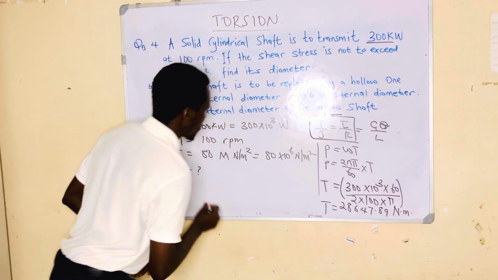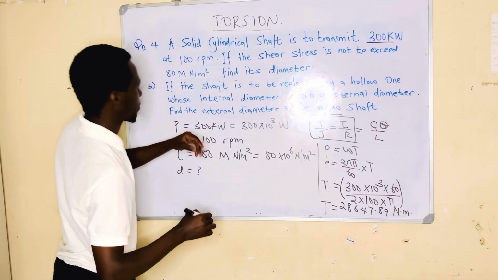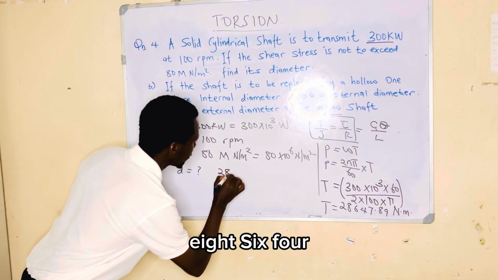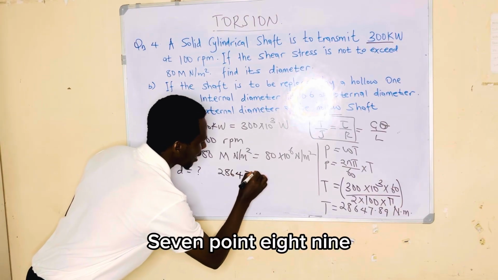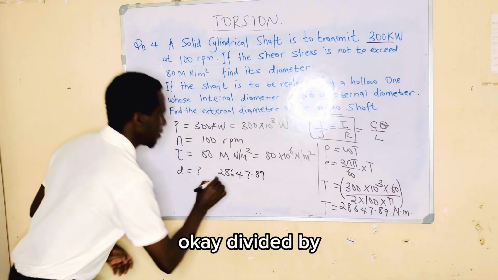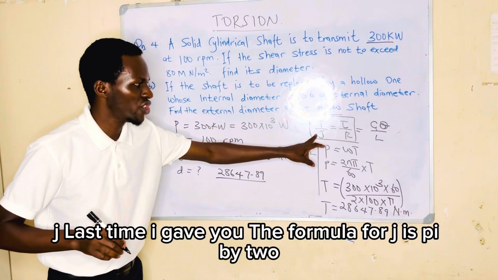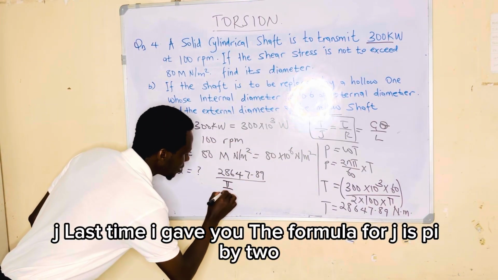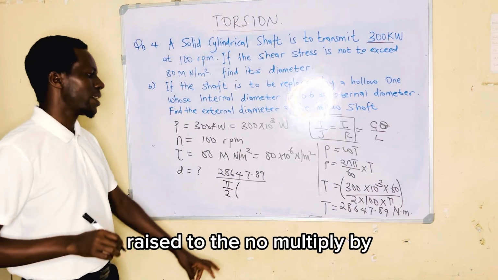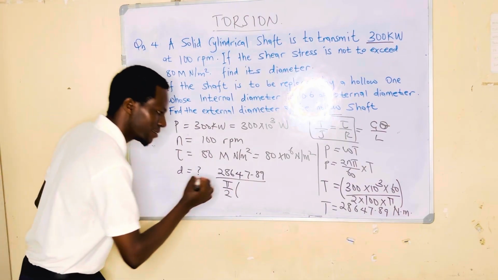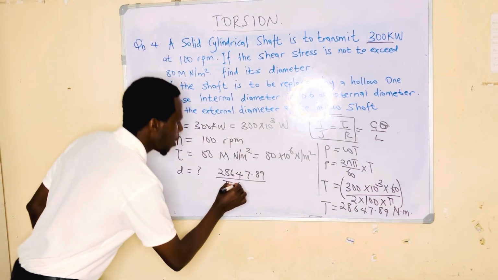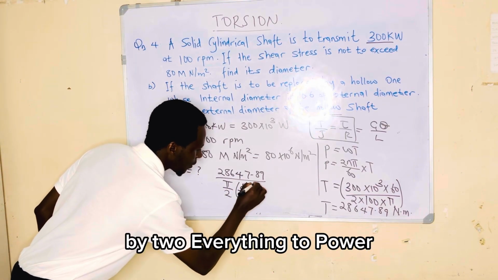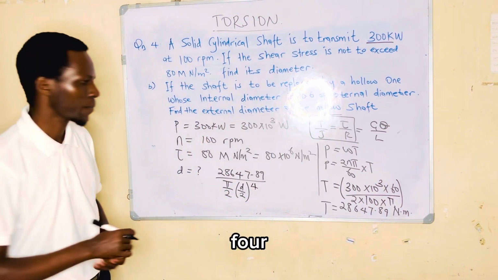My T is this value, 28647.89, divided by J. Last time I gave you the formula for J, which is pi by 2 multiplied by R to the power 4. But R is the same as D divided by 2, everything to the power 4.